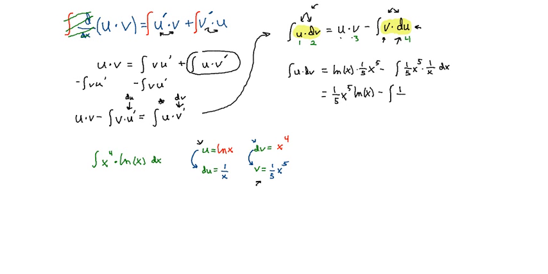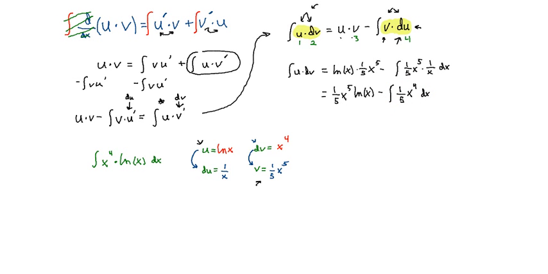That's going to be 1/5 x to the 4th dx. So that actually accomplished what I wanted. We took an integral that we could not do. This integral over here we could not do. And by doing these substitutions, we now have an integral here that's very easy to do. Very, very easy.